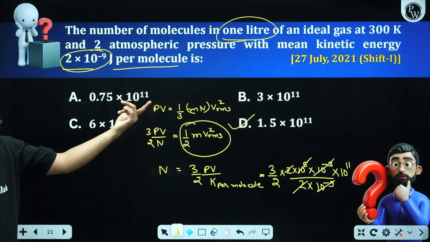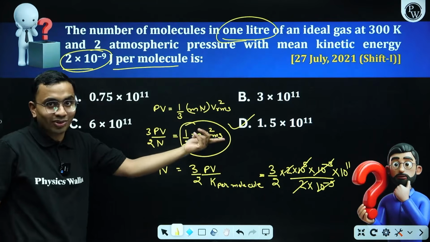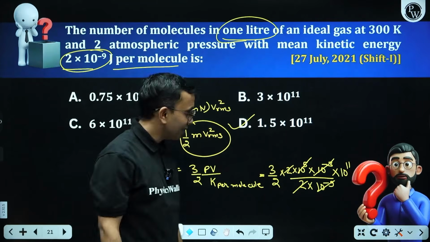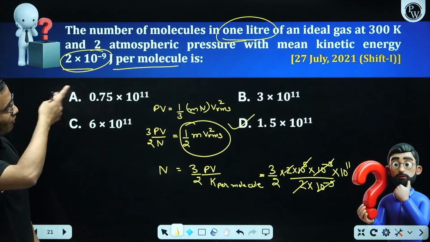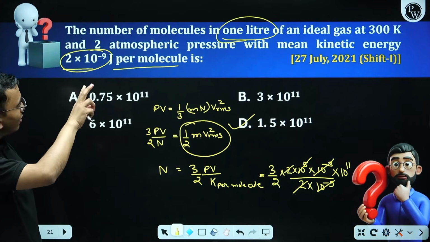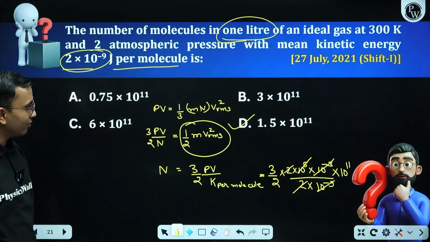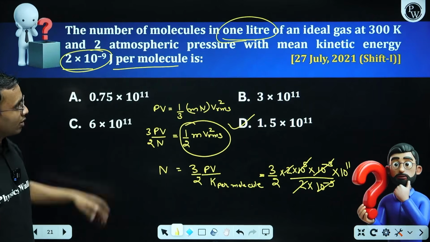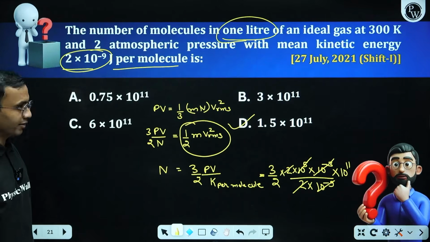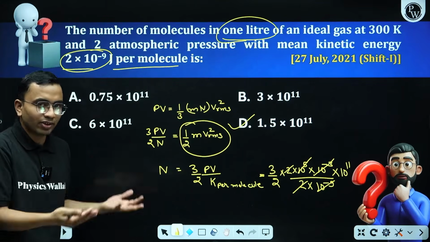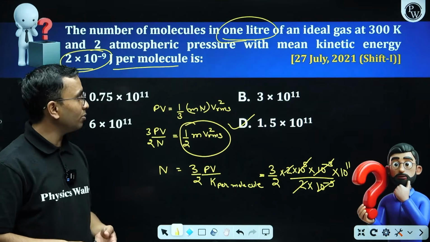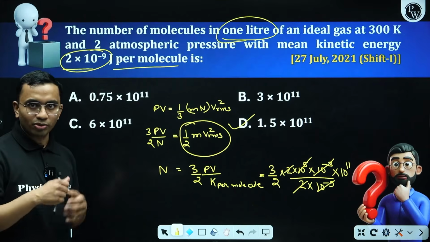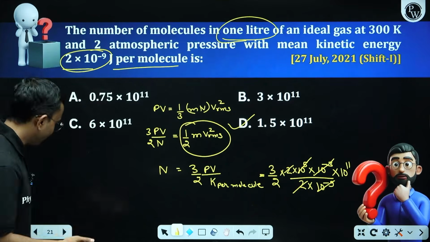I don't know if we use PV is equal to nRT, we will get the same answer or not. You can check that and comment. But there is some extra data. Therefore I was confused: if pressure and temperature are given and volume is also given, then what is the use of the mean kinetic energy there? That is not needed. PV is equal to nRT, everything is known. From there find the number of molecules, and from the number of moles I can say how many molecules there are. Anyways.